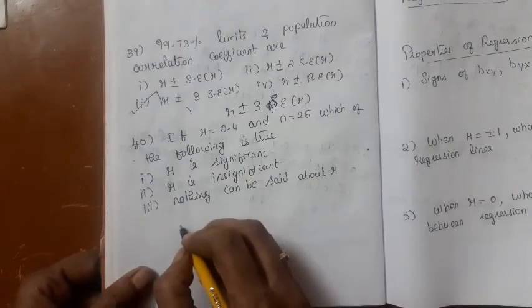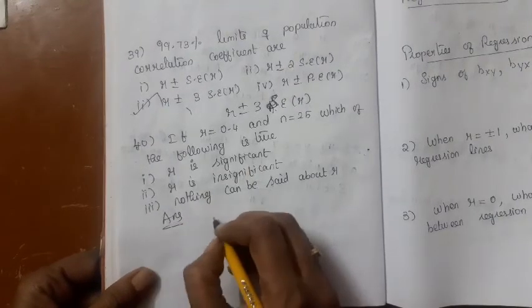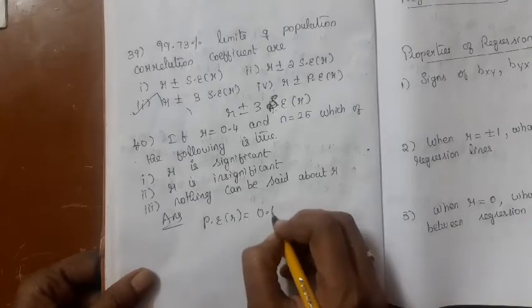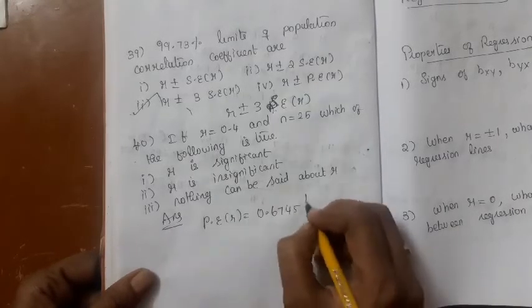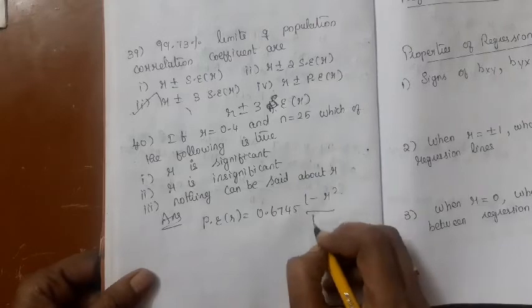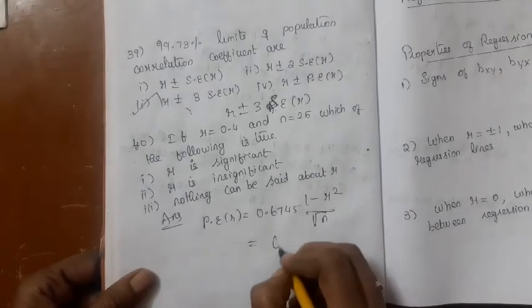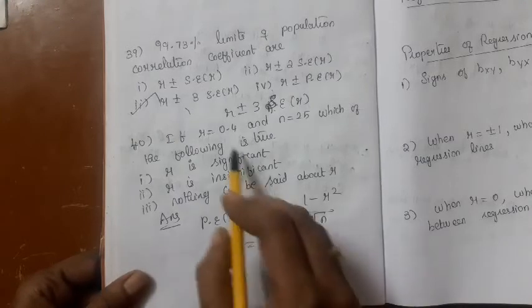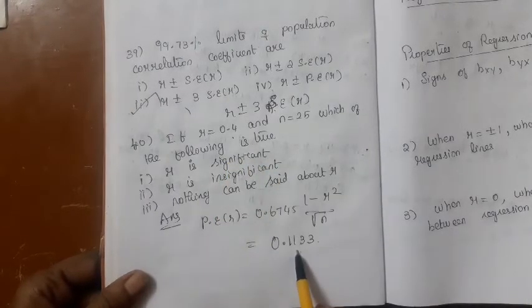Okay. If R is equal to 0.4 and N is equal to 25, which of the following is true? So probable error of R is 0.6745 into 1 minus R square divided by square root of N. You substitute this, you get the answer is 0.1133. R here is greater than probable error of R. Okay.